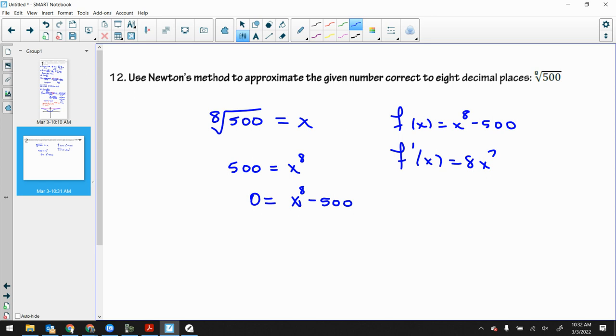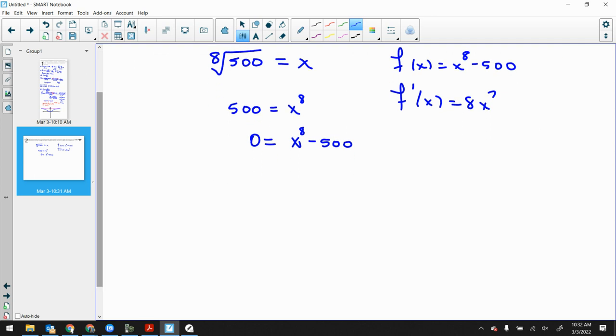Okay, so that means we want to guess at what x1 is going to be, to estimate where it is so that we can start narrowing it down. Well, think about it.